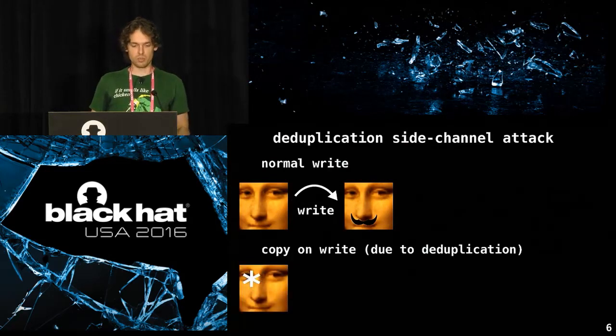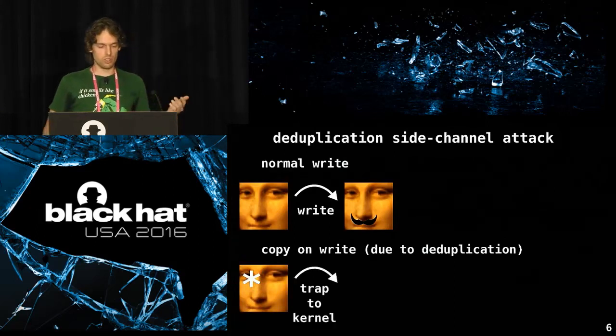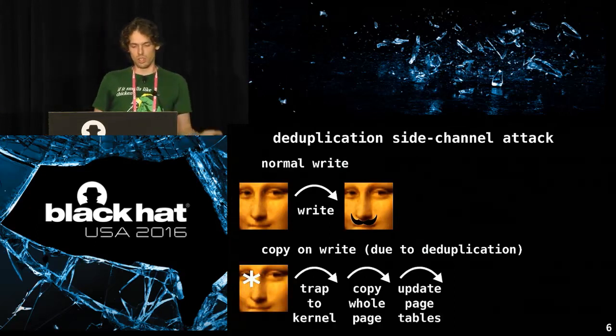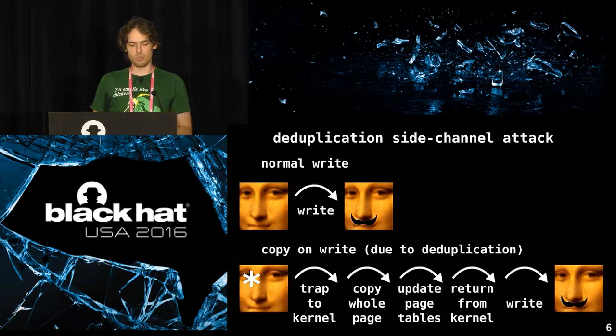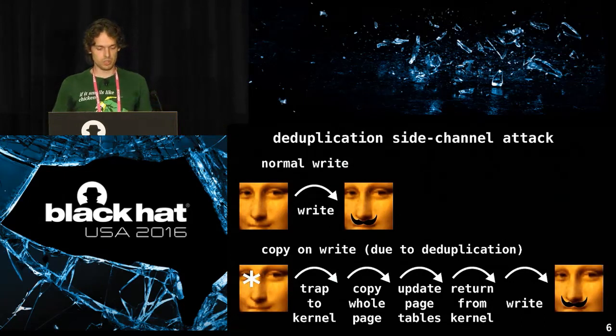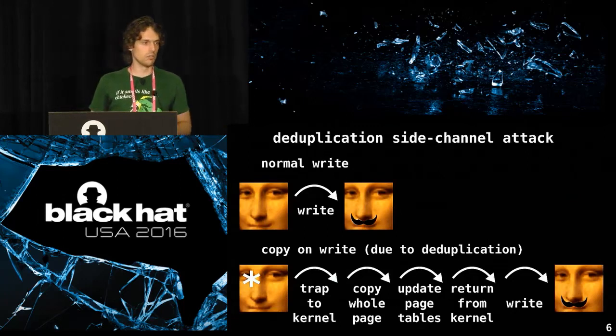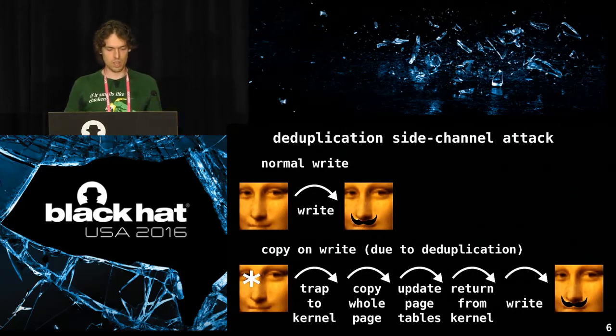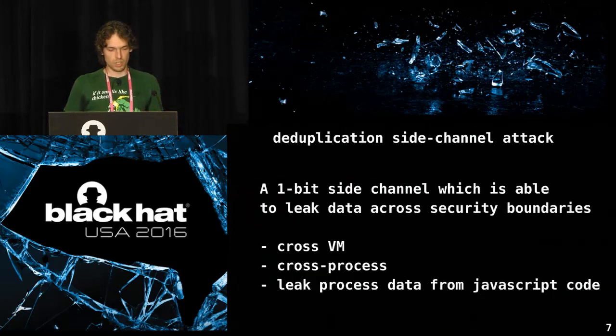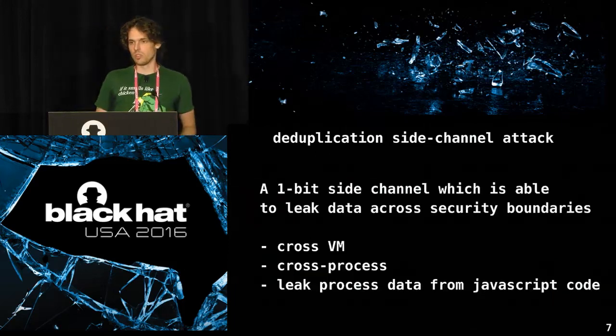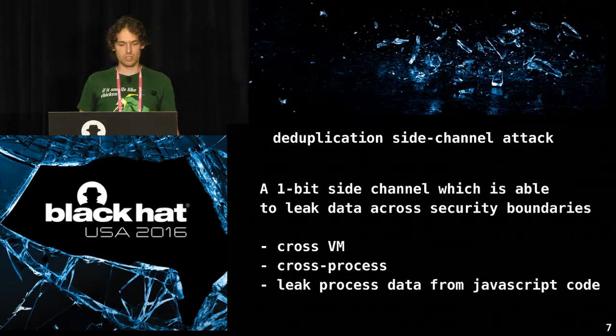If it's marked copy on write, all kinds of things will happen. Most importantly, the page has to be copied, and the page tables have to be updated. In short, this takes way longer, and this can be detected from JavaScript. What this gives us is a 1-bit side channel.